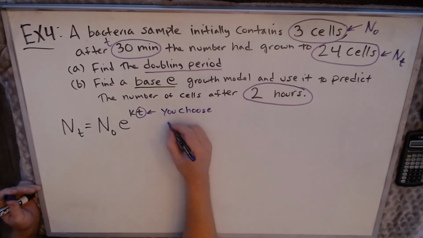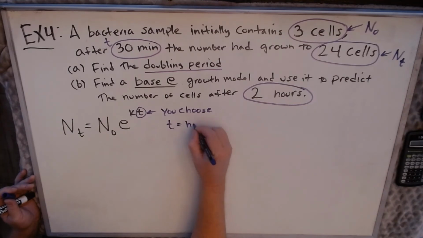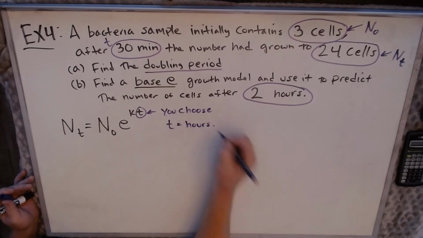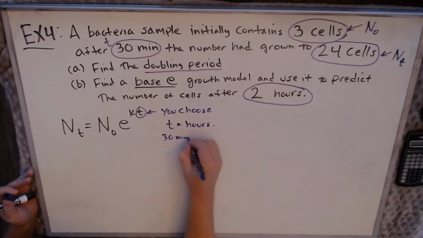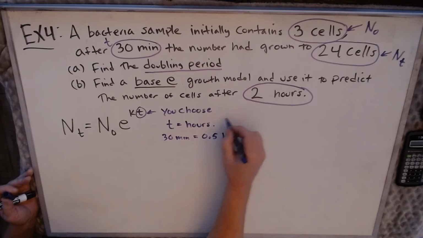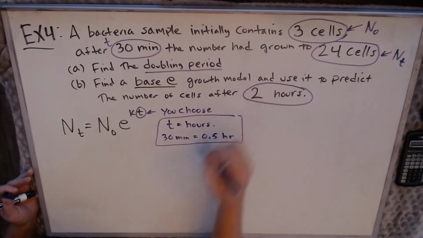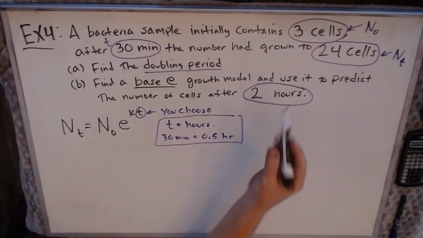So, I always call that, you made your bed. I'm going to go ahead and choose t to be hours. And therefore, 30 minutes is 0.5 or half an hour. Okay, so now I've made my bed.